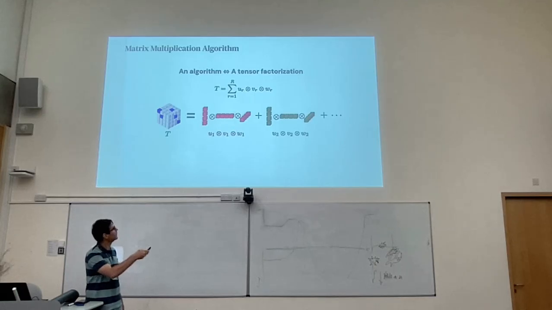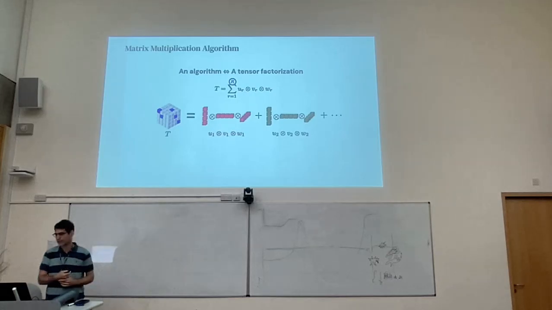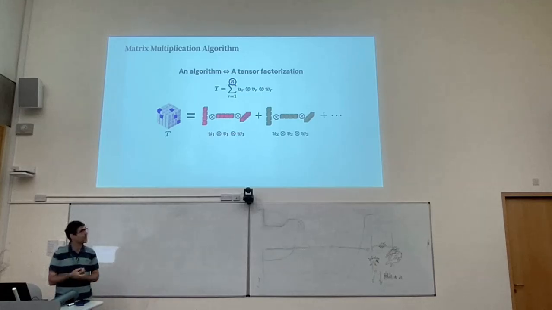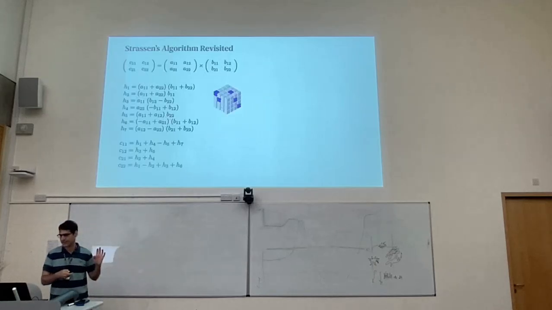To see that, I want to say that there is some number of factors in the decomposition, let's call it R. And I want to make the point that this R, this number of factors, will indicate how many multiplications we need to do in the corresponding matrix multiplication algorithm. So let's see that with Strassen again.